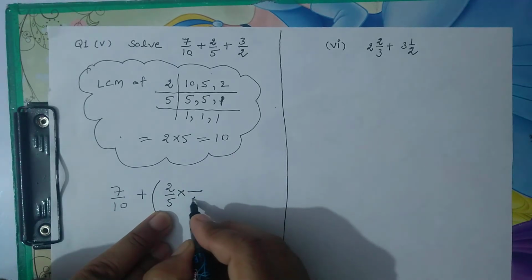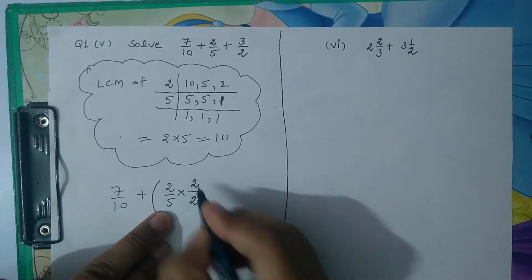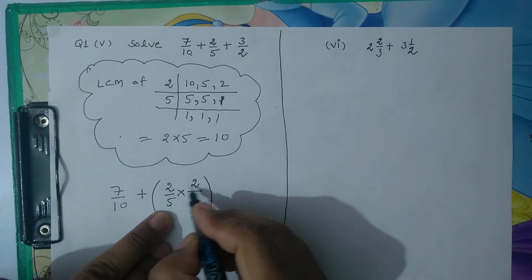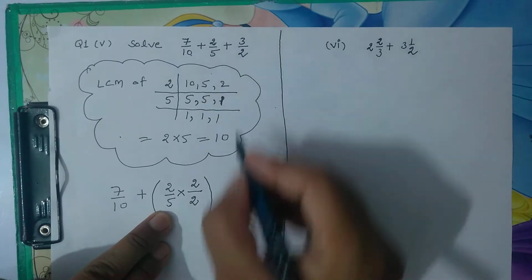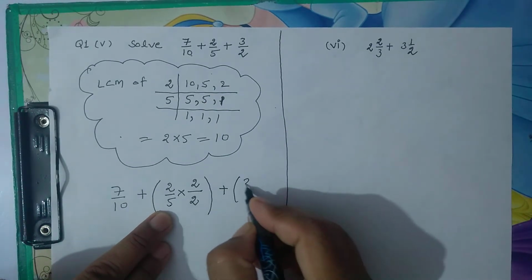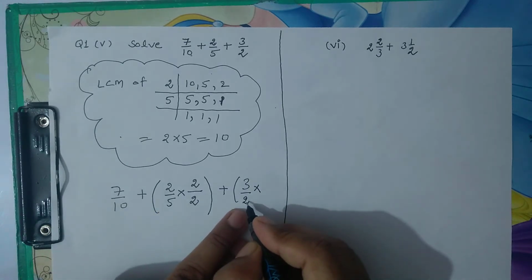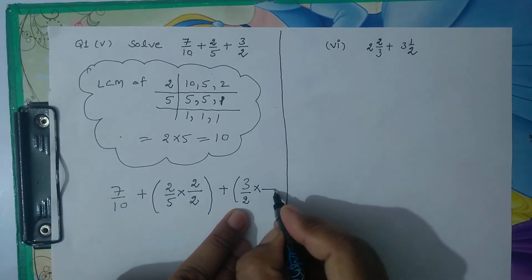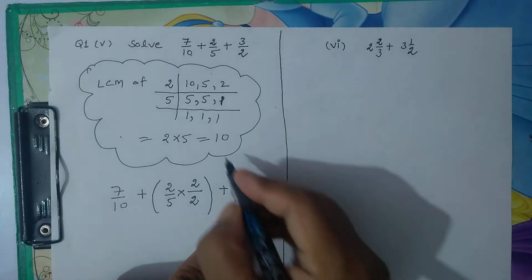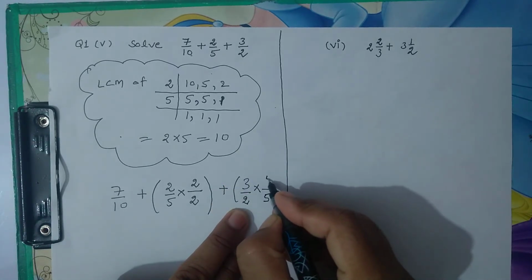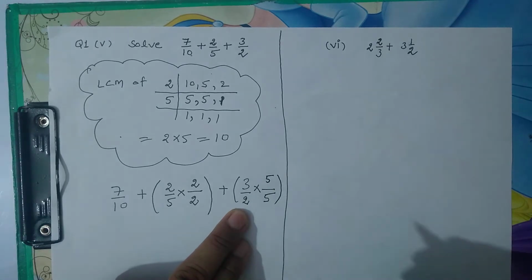We multiply by 2 in the denominator, so we also multiply the numerator by 2. The next number is 3 upon 2. Which number is to be multiplied to make the denominator 10? We multiply by 5 in the denominator, also in the numerator.